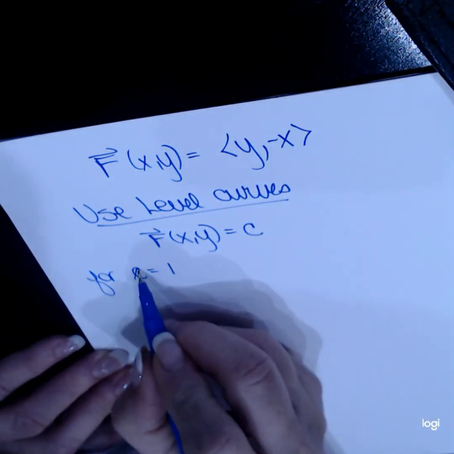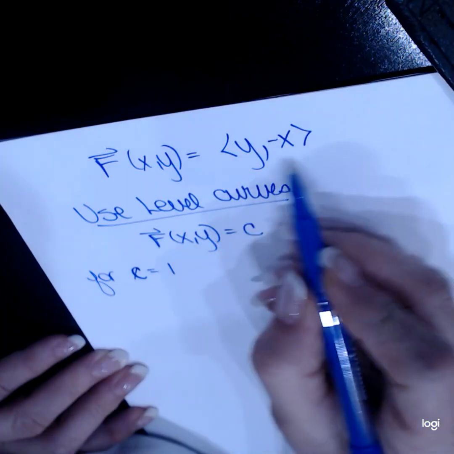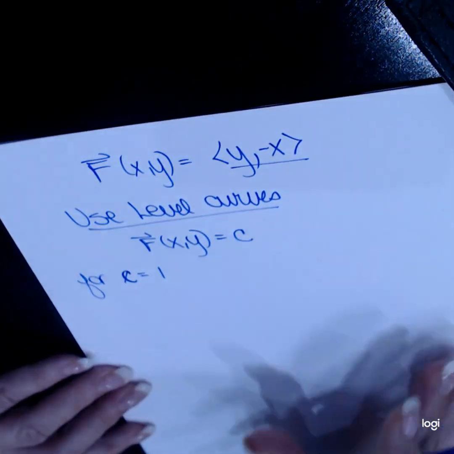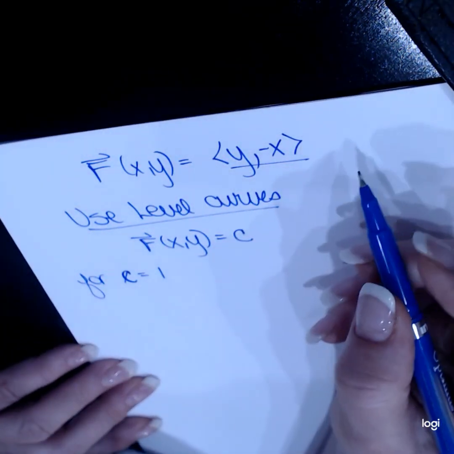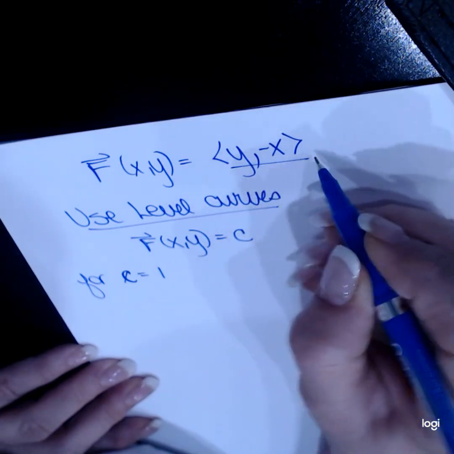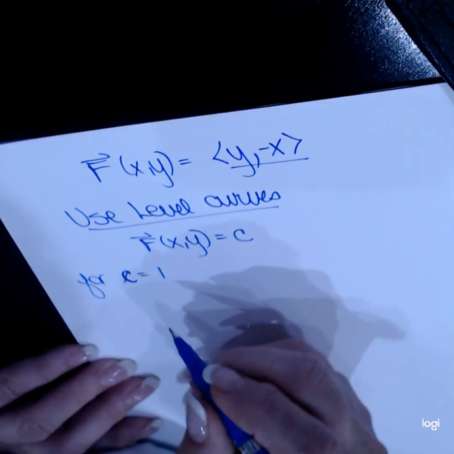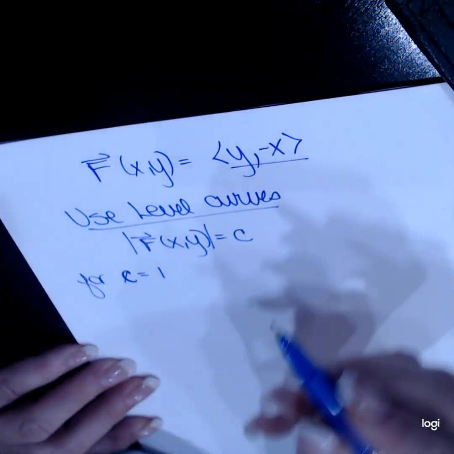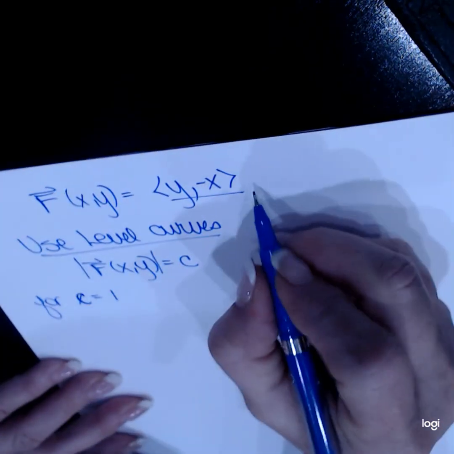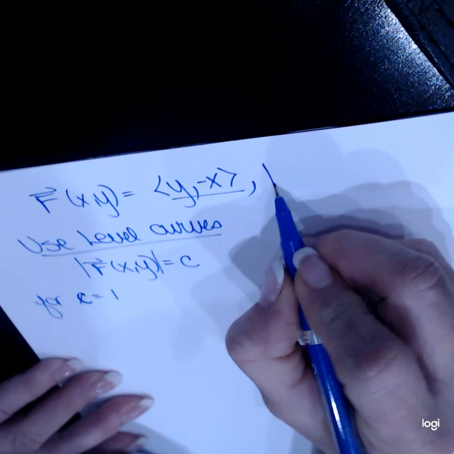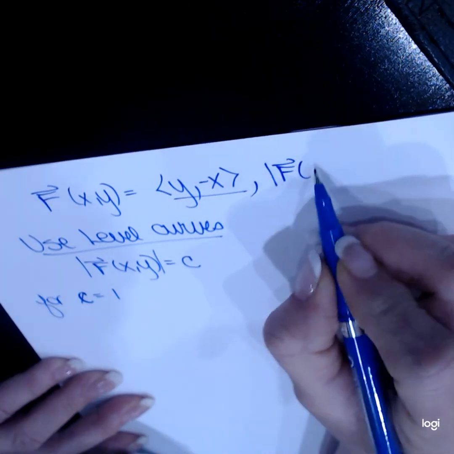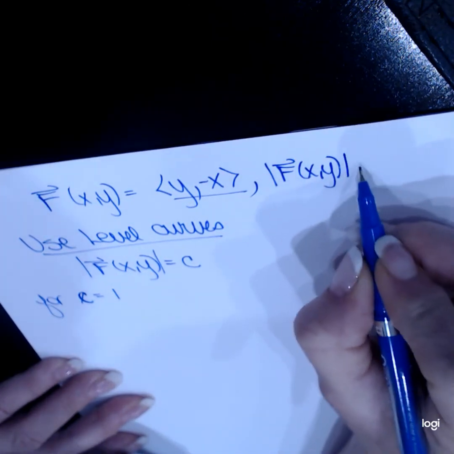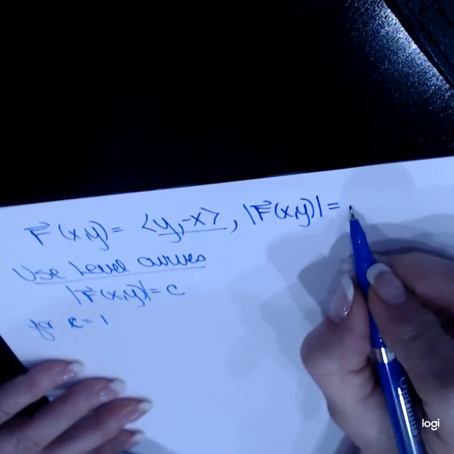If I set this rule, or the magnitude, I guess I should say, of that thing equal to 1, well, what is the magnitude of this particular vector field? The magnitude of this vector field is the square root of each of the components squared.